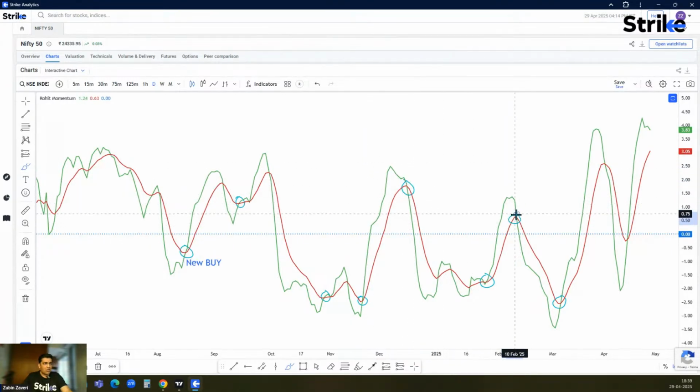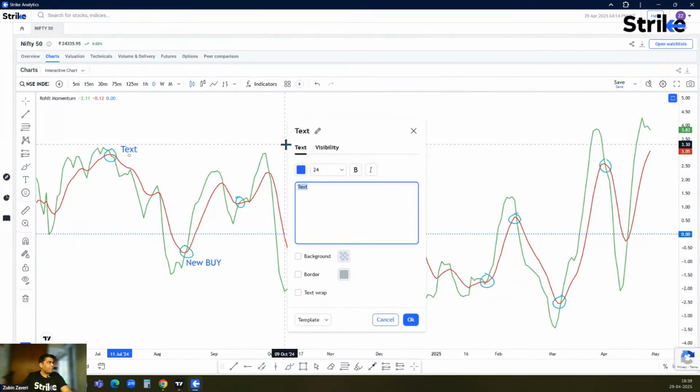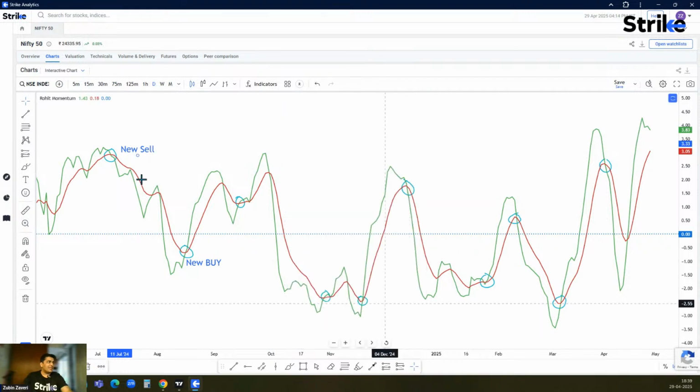Similarly, when the green line goes down below the red line, in all these areas over here, a new sell signal gets generated. Sometimes the new sell signal may also get generated over here, where the green line is crossing below the red line.